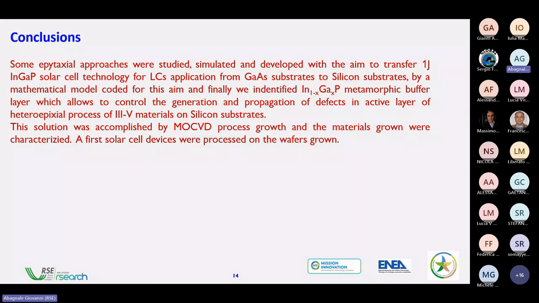We did this using a mathematical model coded for this aim, and finally we identified the indium gallium phosphide metamorphic buffer layer, which allows control of the generation and propagation of the defects in the active layers.